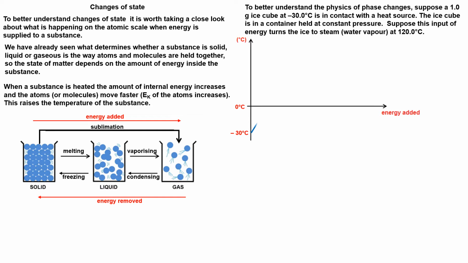Part A. During this portion of the curve, the temperature of the ice changes from minus 30 degrees Celsius to 0 degrees Celsius. We can use the specific heat of ice to calculate the amount of energy to warm the ice cube.